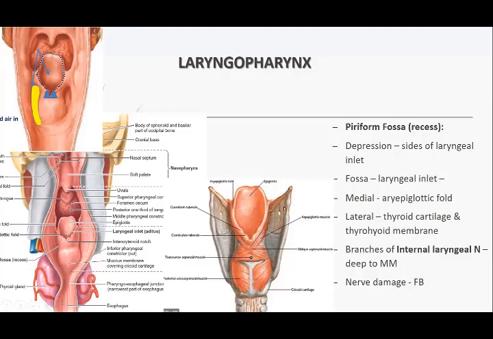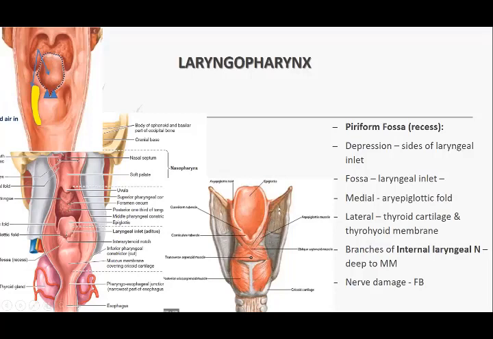So, lying deep to the mucous membrane of this fossa. This fossa is lined by mucous membrane, and lying deep to the mucous membrane is the internal laryngeal nerve. This fact is important because a foreign body may get lodged in this fossa.